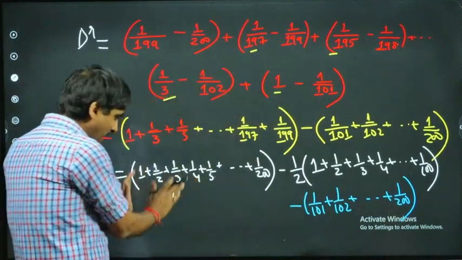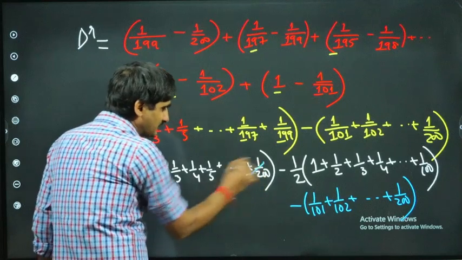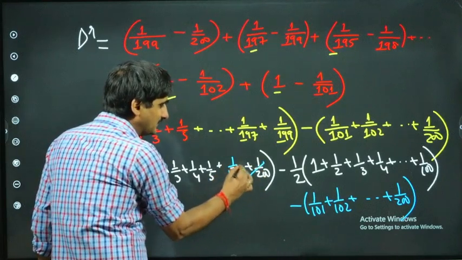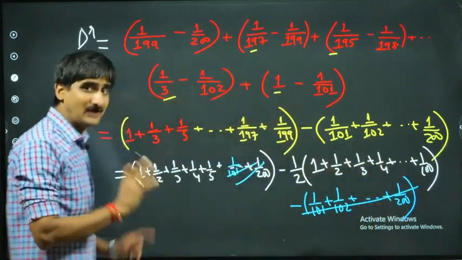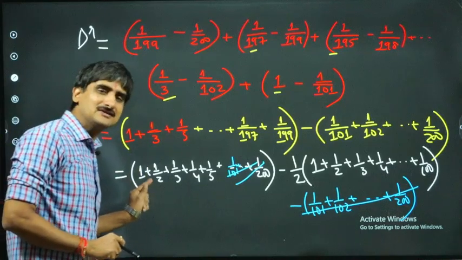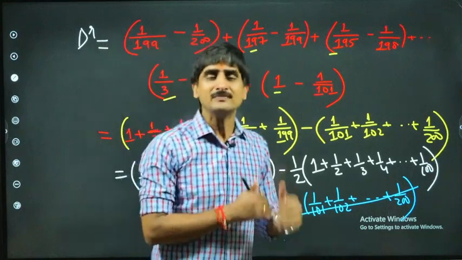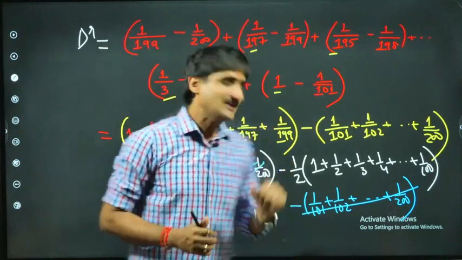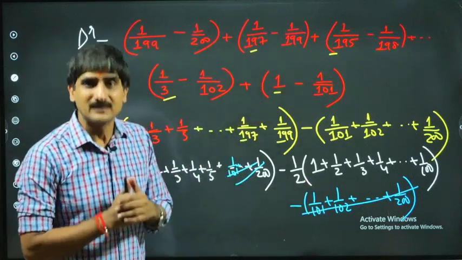Now from here till here, all the terms from 1 by 101 plus dot dot dot till 1 by 200 will get cancelled. Why? Because in the first bracket you have all the numbers starting from 1 till 1 by 200, and here you have all the numbers starting from 1 by 101 till 1 by 200.